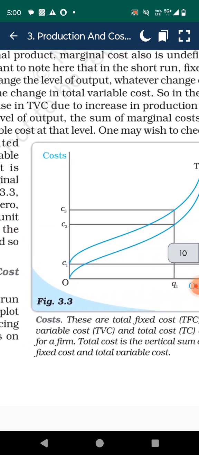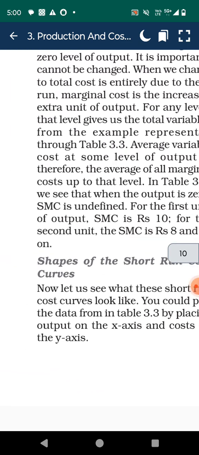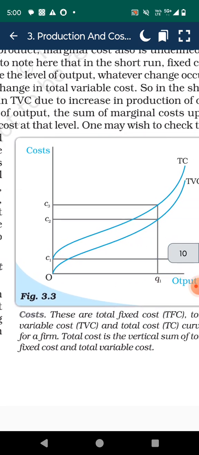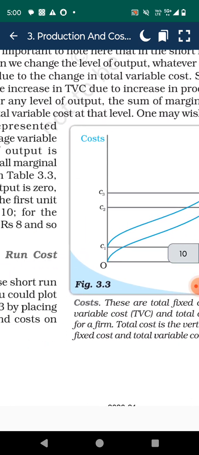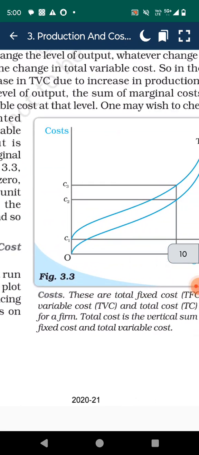It is important to note that in the short run, fixed cost cannot be changed. When we change the level of output, whatever change occurs in total cost is entirely due to the change in the total variable cost.